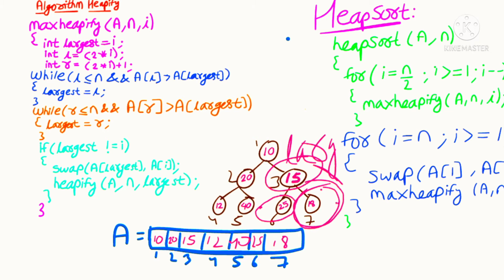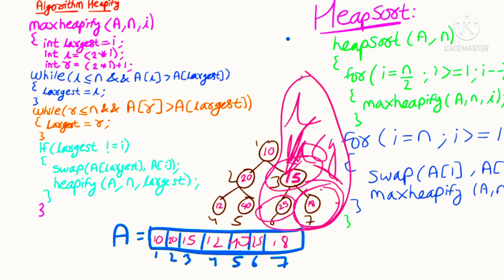Okay, now see the if condition. If largest is not equal to i, अगर जो अभी i पे position है, जैसे कि अभी i पे 15 is at i position. Now we are looking to this loop only. 15th पे i है, अगर वो largest नहीं रहा तो we will swap the left or the right one, जो भी largest रहा होगा.